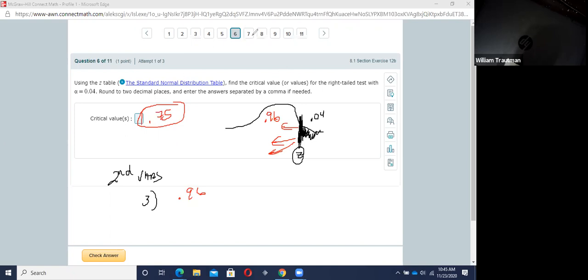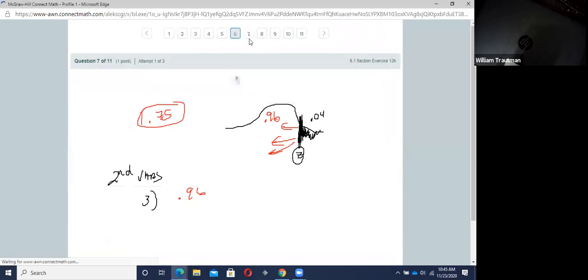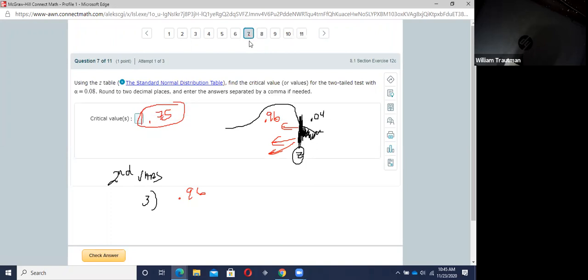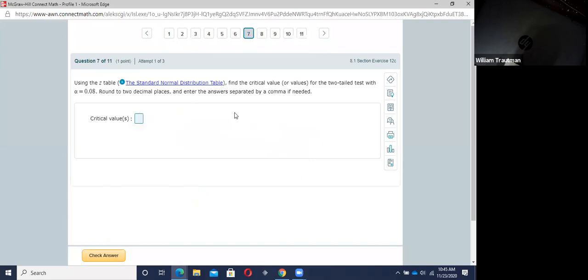All right, let's see what's next. This one says two-tailed test. So I like to do the two-tailed test also. Two-tailed test means the right side and the left side are shaded in, and our alpha is 0.08, so half of that is 0.04 and 0.04. The total has to be 0.08 shaded in, and you've got to cut it in two.